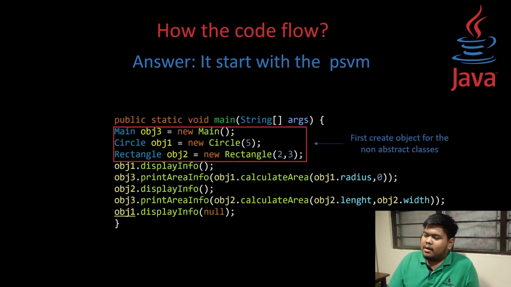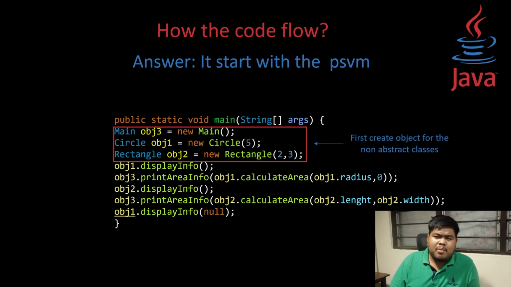In the PSVM, we will create an object for the non-abstract class because an object cannot be created from an abstract class. So here we have main obj3, I have shortened object to obj3, equal new Main, and then we have Circle obj1 equal new Circle(5), Rectangle obj2 equal new Rectangle(2, 3).